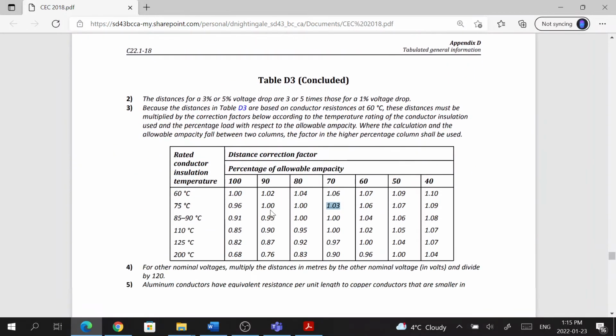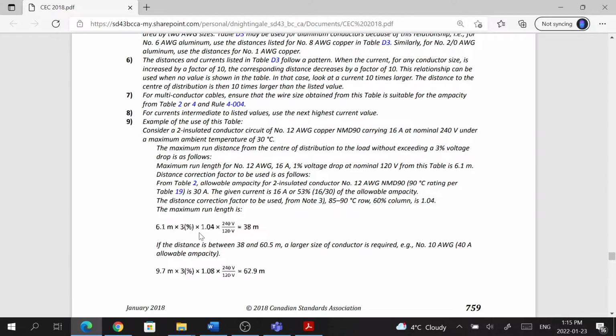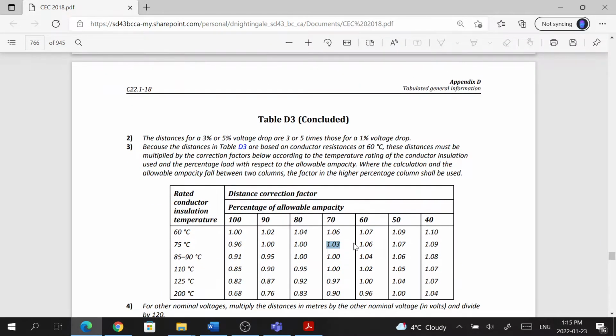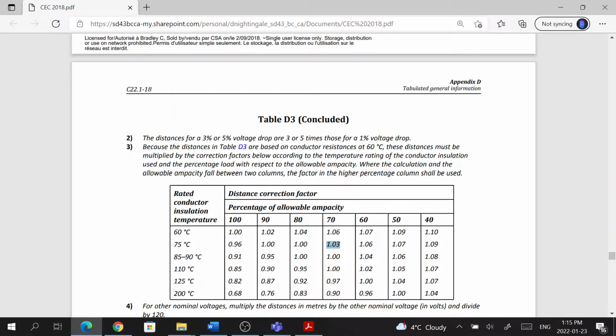Now we're going to multiply that 9.9 by 3, as we were doing before, because that table deals with a 1% drop, and we are able to use a 3% drop. We're going to multiply it by this multiplier, 1.03, because our number 8 is capable of carrying 40 amps, but we're only putting 25 amps. We can multiply it by that 1.03.